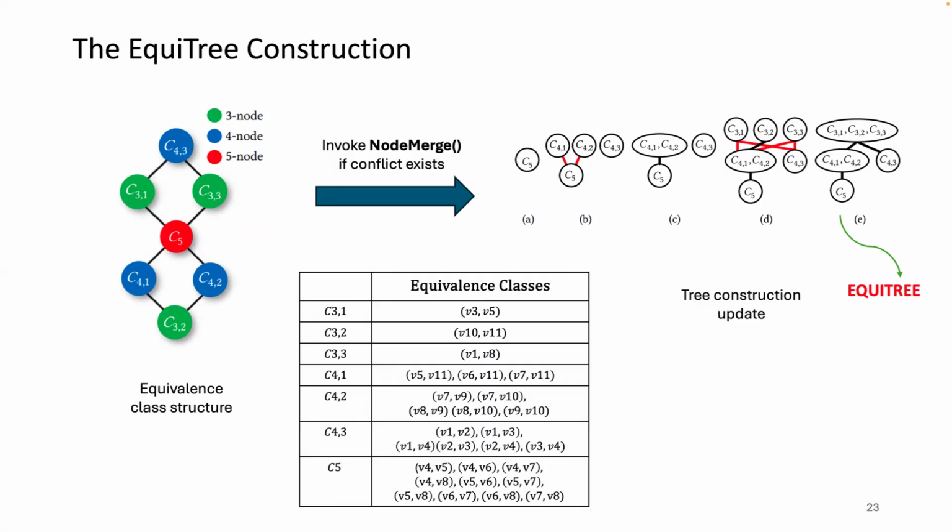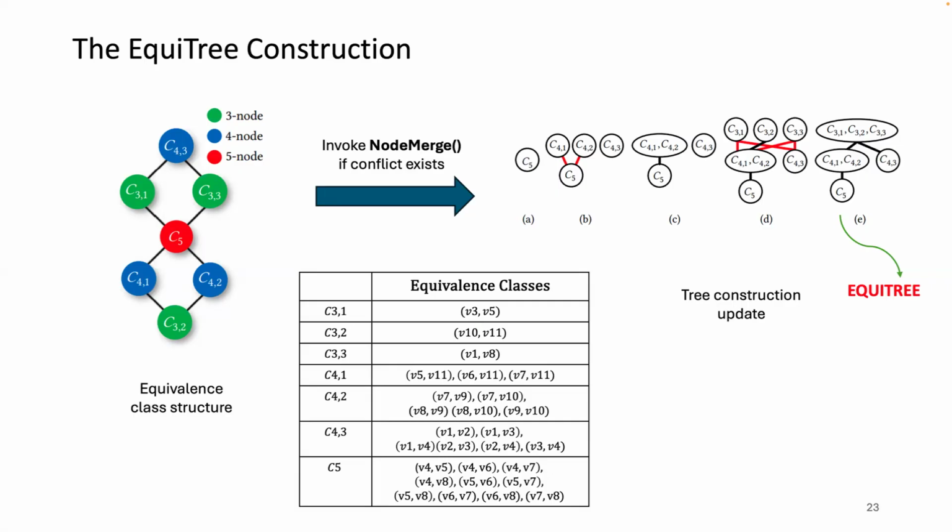We have only one C5, so we just put that there. Then we move to the next class, that's the C4 class. We have C41, C42, C43. C41, C42, and C5 from this equivalence class. Here, C41 and C42 are merged together.